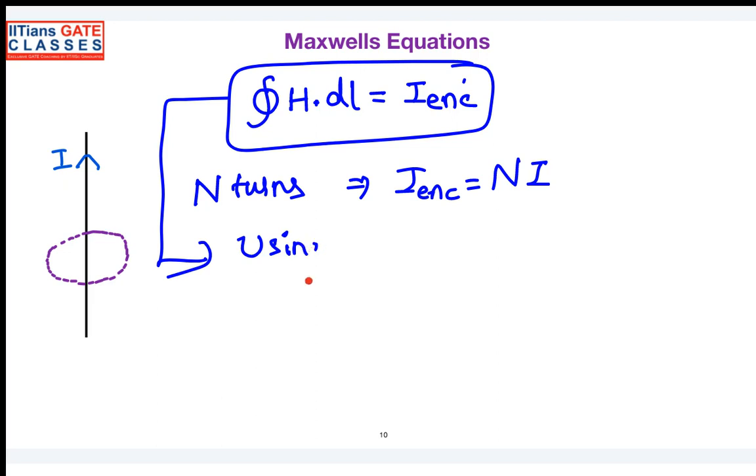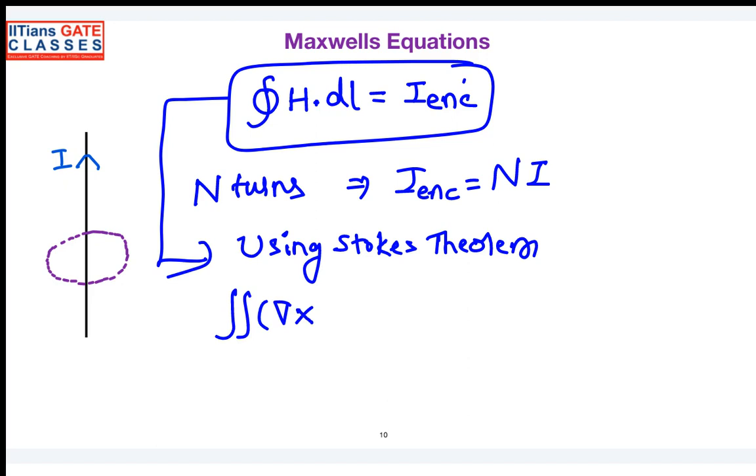Since the line is closed, you can apply Stokes theorem. So the line integral is converted to a surface integral using the curl operator: the curl of H dot dS is equal to, considering one loop, the current I itself.